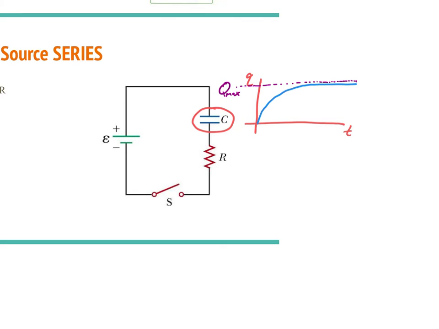I want to analyze this circuit at 3 important times. Time 1, when the switch closes. Time 2, when the whole thing is half charged. That's Qmax divided by 2. I'm going to call that time T1 half. And lastly, at some big time later, when the charge is effectively Qmax after a very long amount of time.